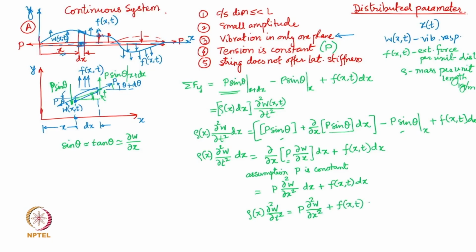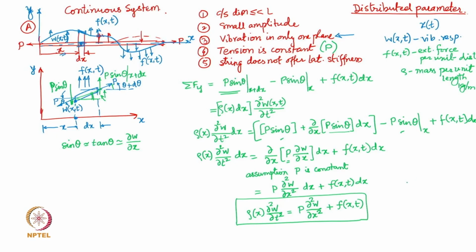That basically is your governing equation of motion of a stretched string, which is essentially treated here as a continuous system. Now it is worth noting the difference between this and the governing equation of motion of a discrete system model of a vibratory system.